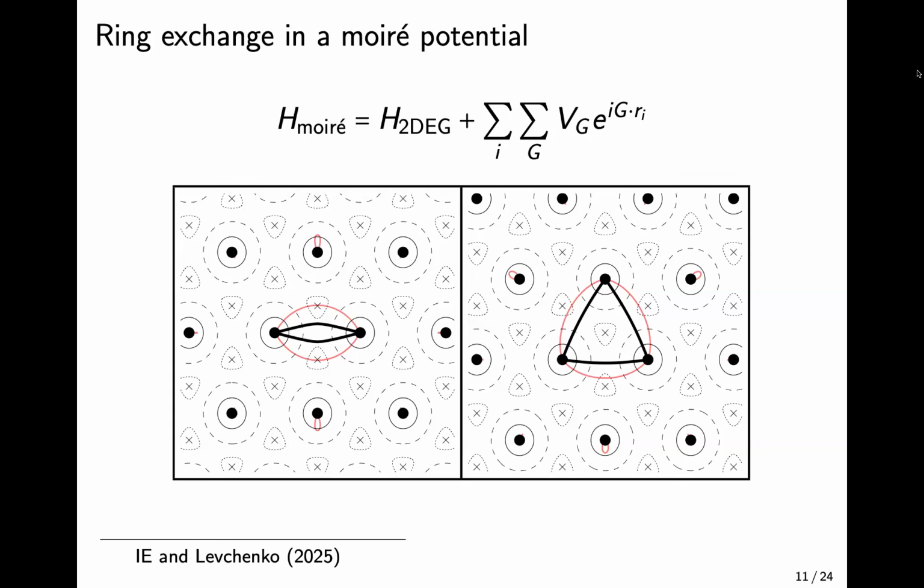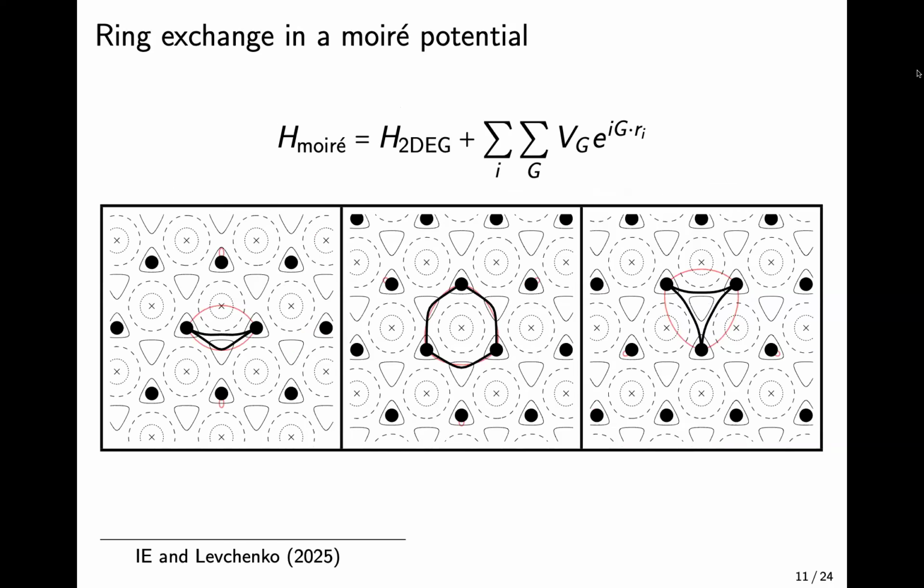You can imagine different types of Moiré potentials, just as in another example, a honeycomb Moiré potential. So this is, for example, a two-particle exchange now in a honeycomb superlattice. And you see again that this pink curve, which is the curve in the absence of Moiré, gets dramatically modified as the path gets squeezed away from the maxima of the potential. What's interesting here is actually that although the two-particle exchange is dramatically modified, the three-particle exchange is not.